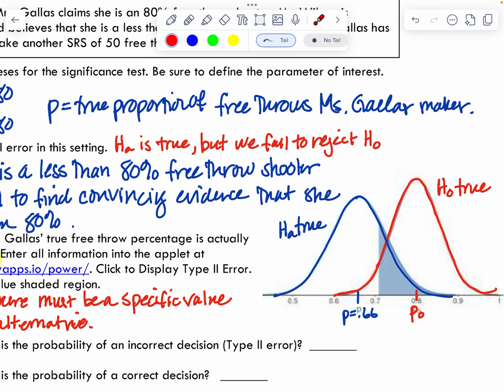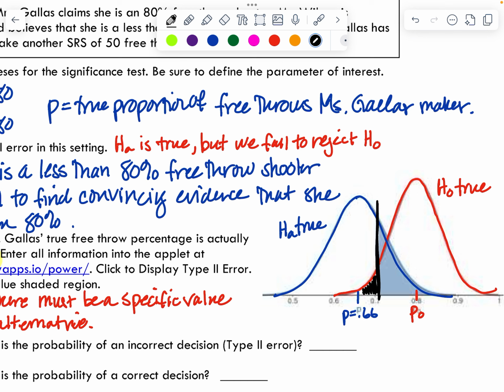So if we get a p-hat that's like over here anywhere, that's real low, we're going to reject. In fact, we are going to reject anything that has a p-value less than 5%. And the cutoff for that is right here. All right? So this is a p-value of less than 0.05.